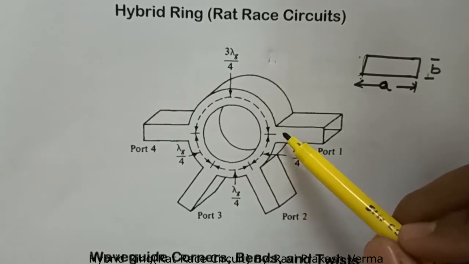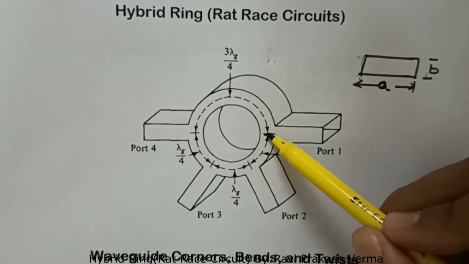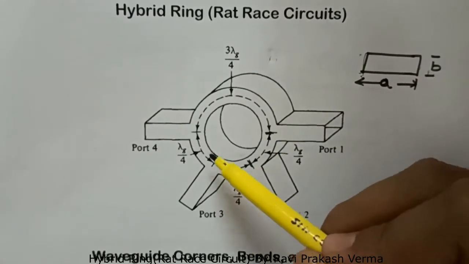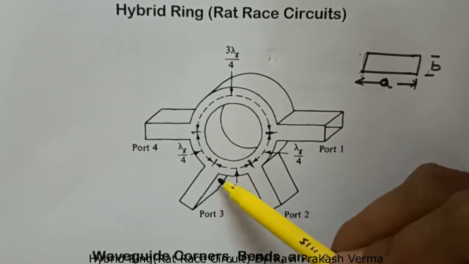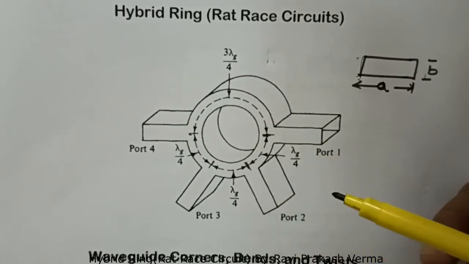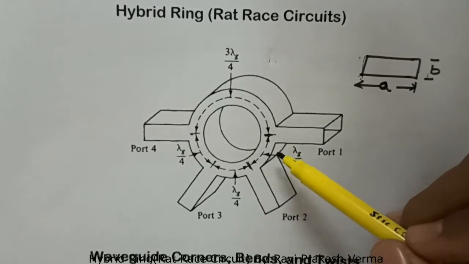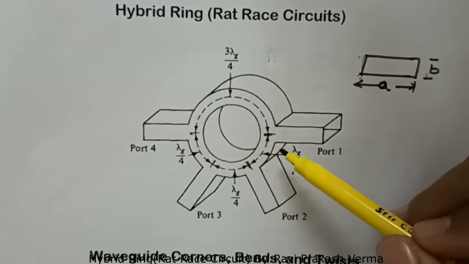These arms are joined to the circular waveguide to form E plane T junctions. These are the junctions which are formed in this rat race circuit.